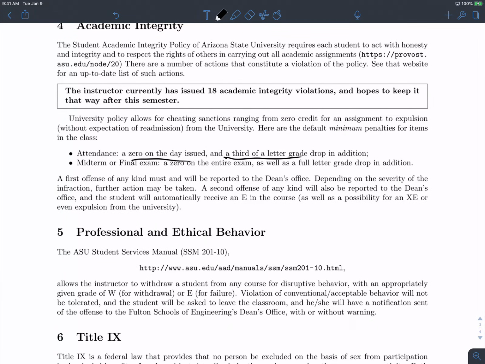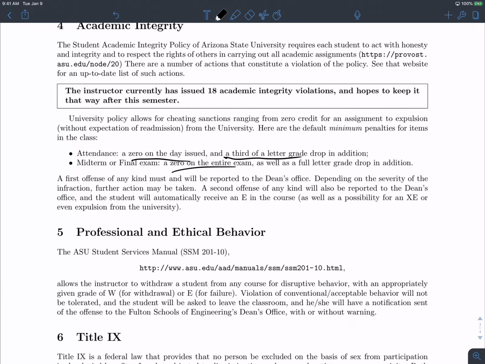If you do something academic integrity type related on the midterms or the final, it's much worse. So you'll get a 0 on the entire thing and a full letter grade drop in addition to that. So do you think it's a good idea to cheat on the final or the midterm exams? So for the tests, that's why I've made them open book.